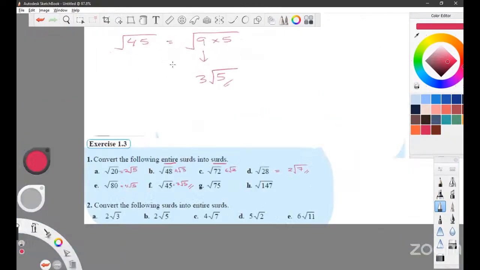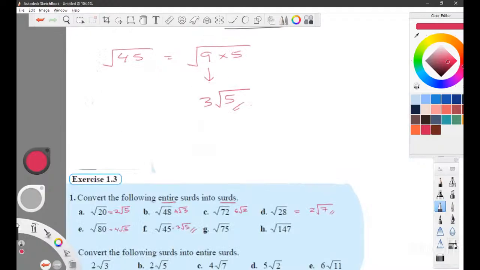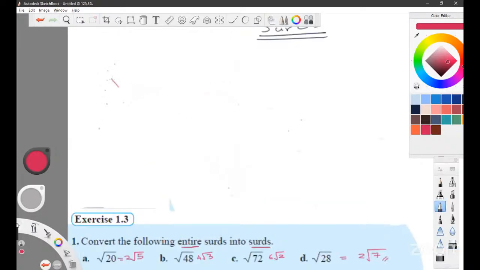And 75. Square root 75. We did this example. So I thought of 25 times 3. 25 times 3 makes 75. 25 is made by what? 5 squared.